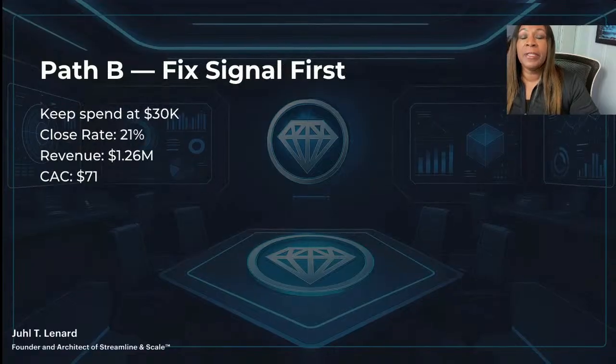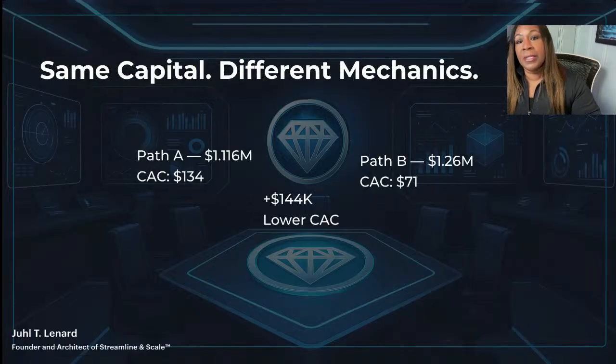Path B, we fix the signal first. So we keep the spend at 30,000. The close rate's at 21% because we addressed the signal constraint. And the revenue is 1.26 million, but the CAC is down to 71. Same capital, different mechanics.